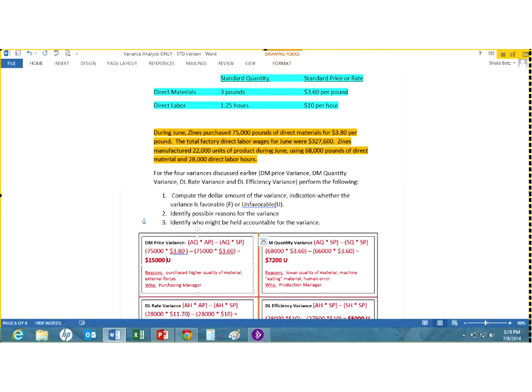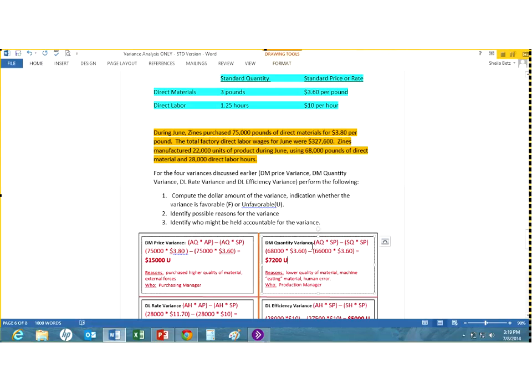So what could be some reasons why they paid more? Well, maybe they ended up purchasing a higher quality of material than they had planned. Maybe there are some external forces at play, such as gas prices went up, or that type of material came more into demand. So, supply and demand, the price went up, etc. And then who would be responsible or held accountable? It would be the purchasing manager.